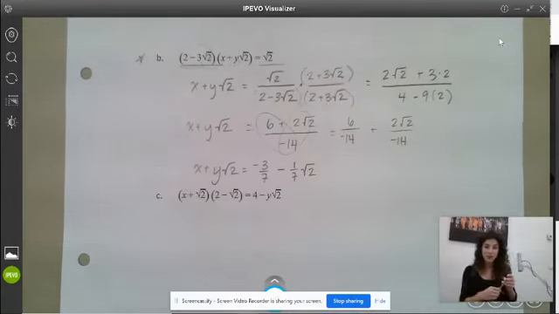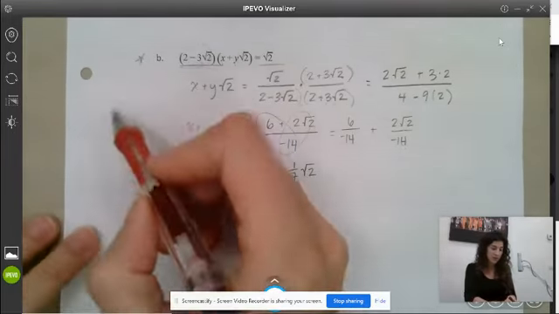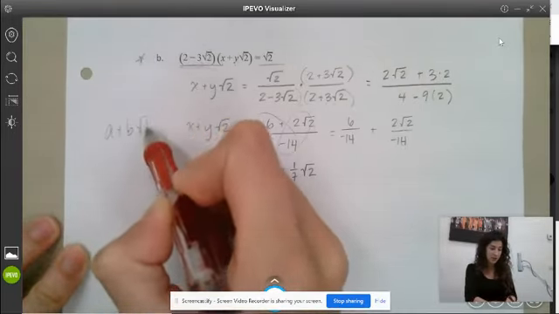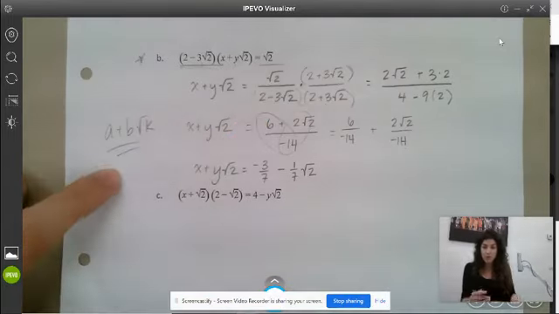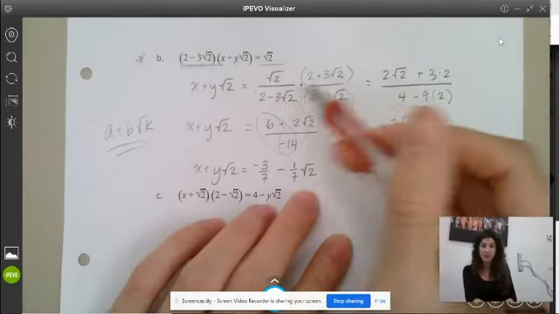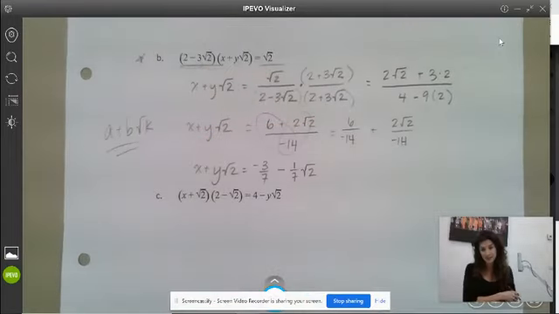How to multiply by the conjugate, right? These are all manipulations that you know how to do. Now you're just trying to figure out when to use which manipulation in order to get it into the form that you want. Remember that you want it in this a plus b square root of k form. So how do you manipulate what's going on in order to get it into that form? That is the puzzle here.